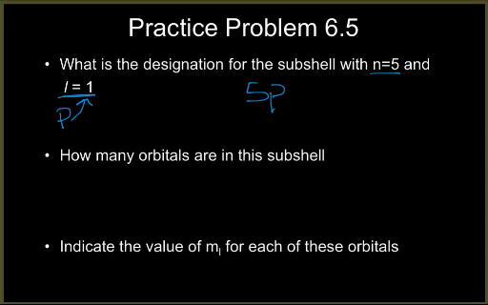This then says how many orbitals are in this subshell. So we're looking for how many orientations. There would be 3 orientations. And then the value of m sub l for each of these, because there's 3, we would do a -1, a 0, and a +1. So again, each one of these numbers stands for a different orientation of that particular subshell.